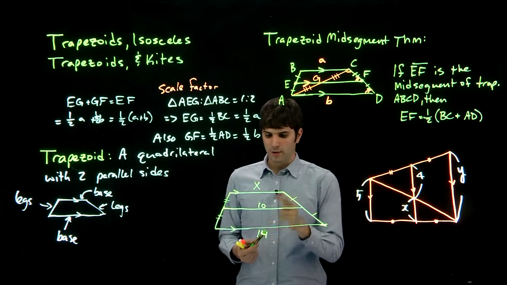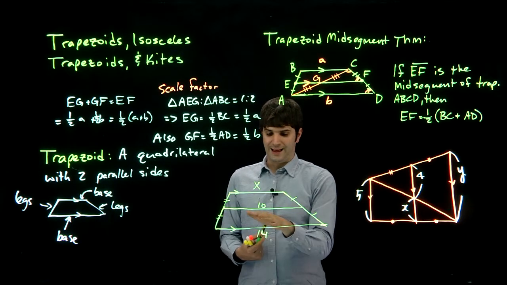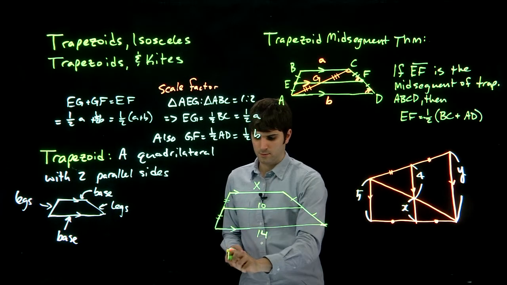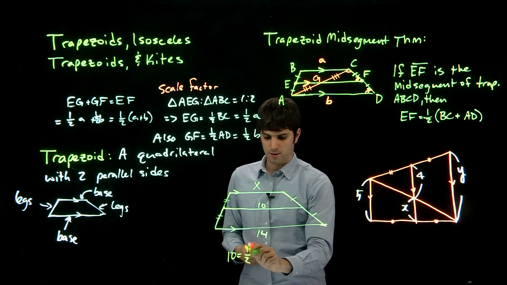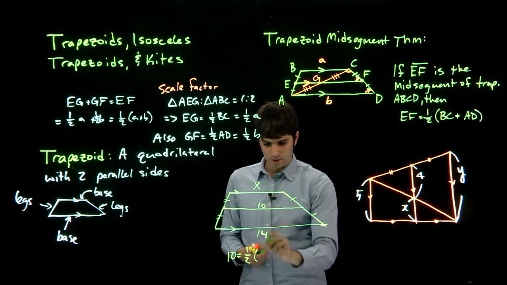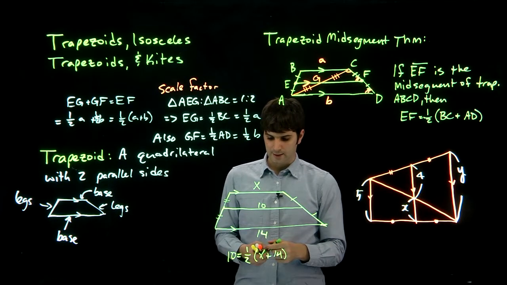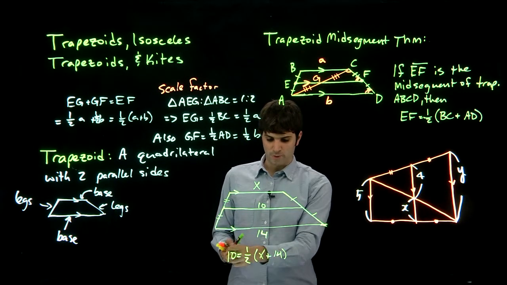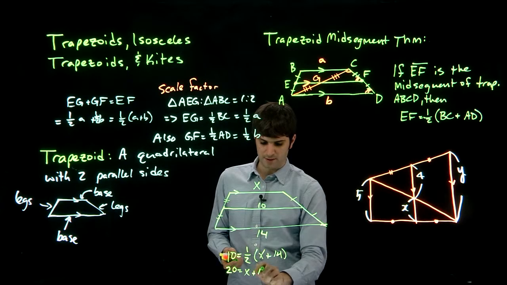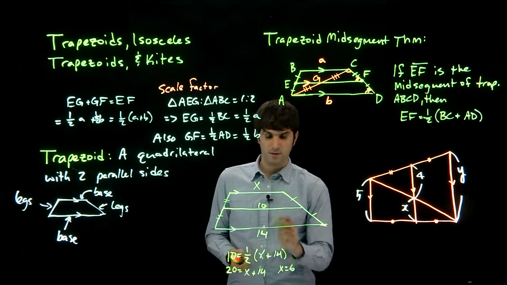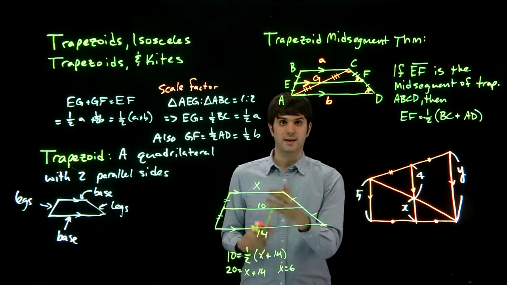The trapezoid midsegment theorem says that 10, this midsegment, is going to equal half of x plus 14. Maybe you can do this in your head algebraically. If we multiply both sides by 2, that's going to be 20. So 20 equals x plus 14, so x equals 6. Just to check, 6 plus 14 is 20, half of 20 is 10, so that makes sense.